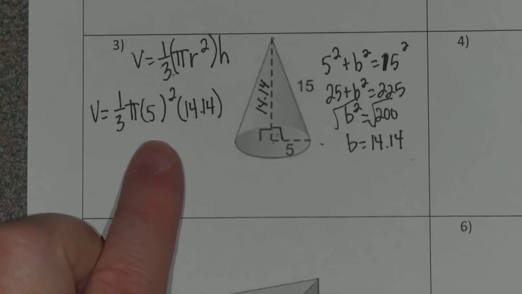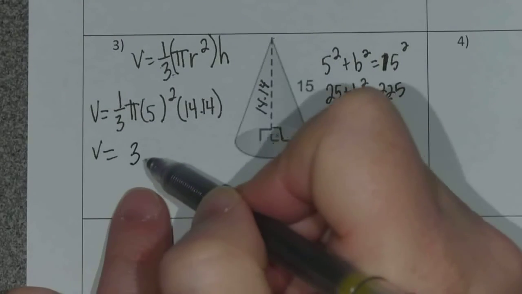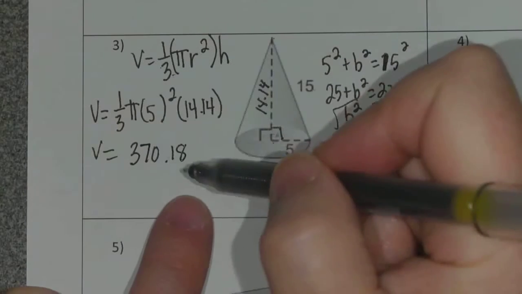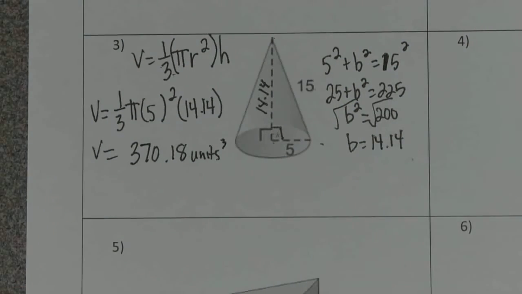So big, long calculator problem. Say it louder. 70.18. Thank you. And it would be units cubed because it's volume.